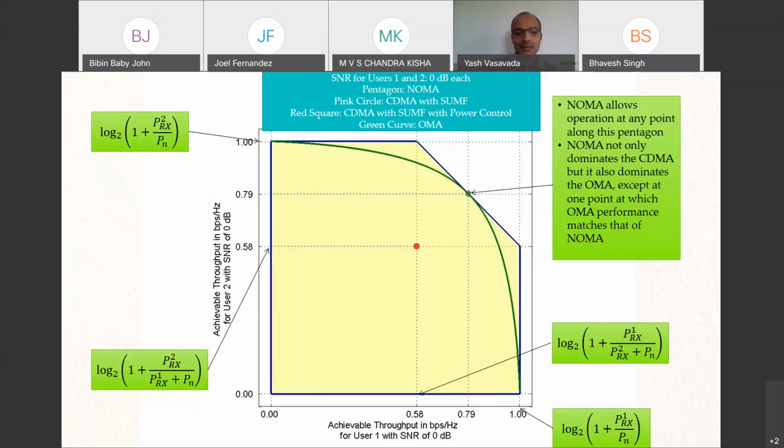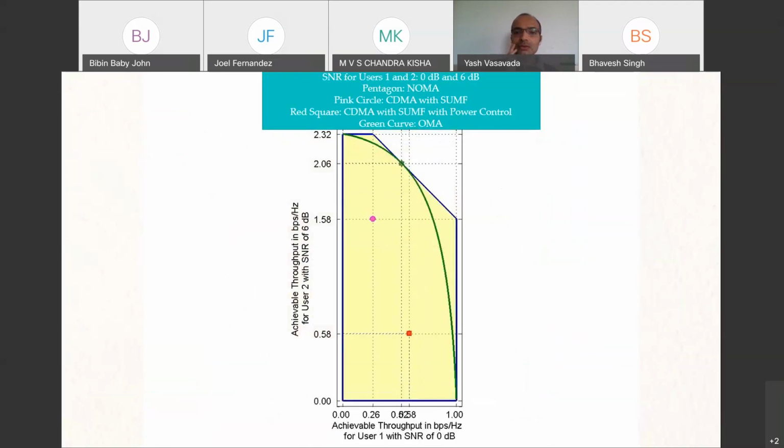Now let us assume a case when user 2 is 6 dB greater than user 1. Okay, so for user 1, we are still going to assume that PRX1 is 1, PN is 1, but PRX2 is 6 dB greater than the user 1 signal.